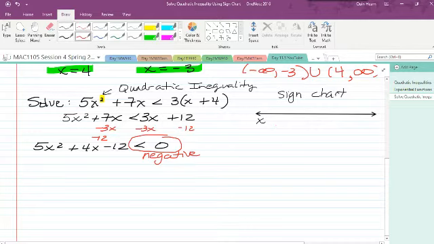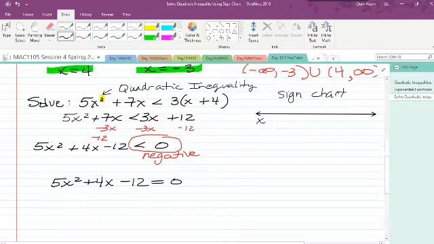All right, so where does it equal 0? 5x squared plus 4x minus 12. We want to know where that equals 0. We can use the quadratic formula, or we can use factoring to try to figure that out.